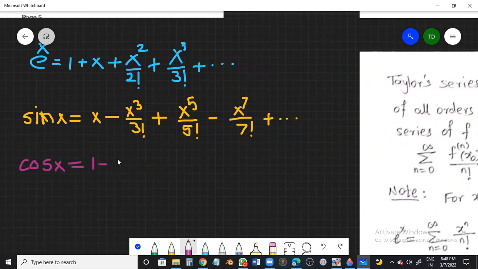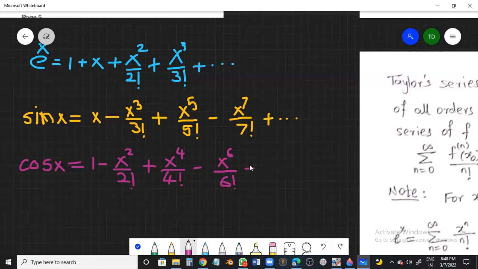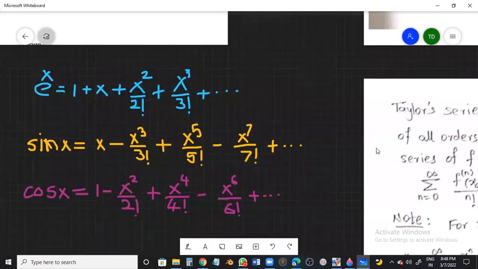So 1 minus x square upon 2 factorial plus x raised to 4 upon 4 factorial minus x raised to 6 upon 6 factorial plus and so on. So these are the basic series you must keep in mind. These are Taylor's power series. So please take the screenshot of the same.